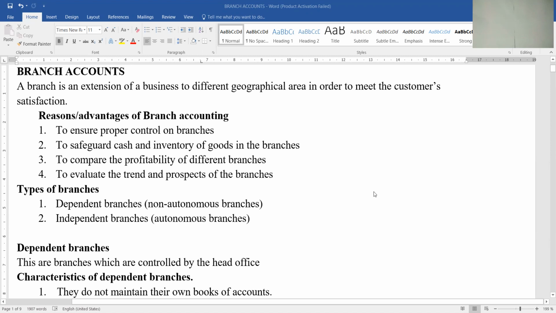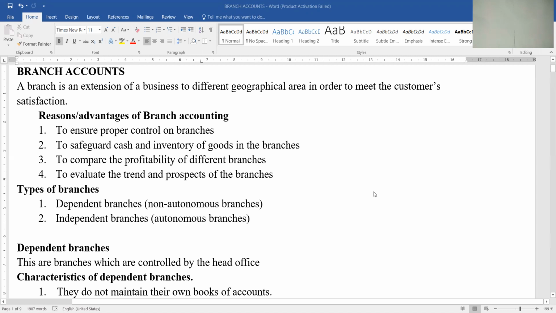Mostly you will find that the head office will maintain a current account known as the branch current account. And for the branch to report to the head office, the branch will prepare a head office current account.